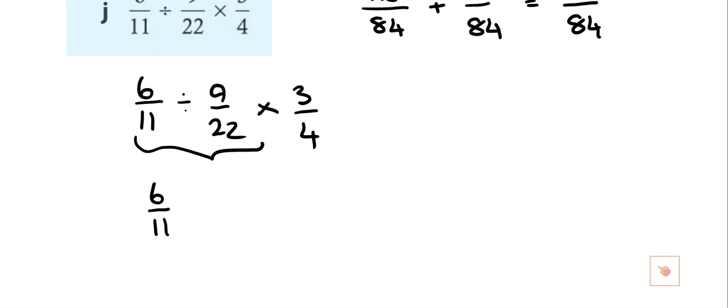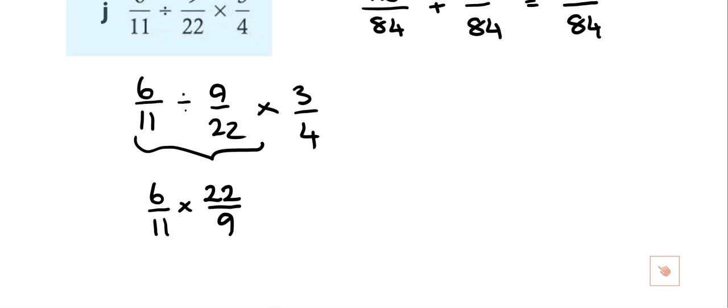We don't, because when we divide, the first fraction is what we're dividing. The important thing is we multiply and then find the reciprocal of the second fraction. Keep, change, flip.